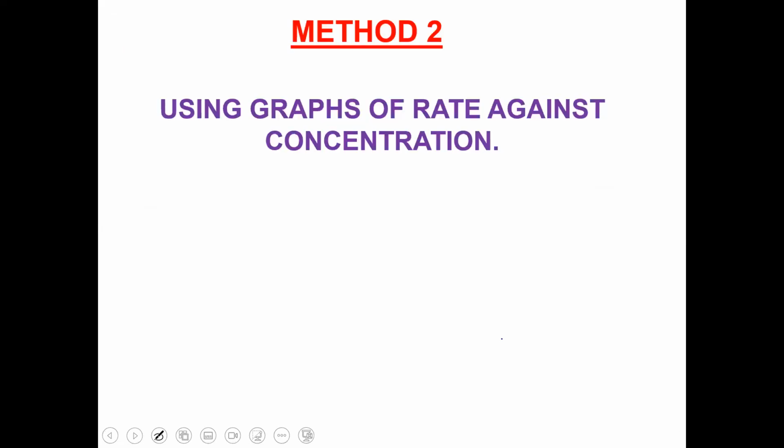Step 2, using graphs of rate against concentration. Now, how can we draw a graph of rate? Rate is the gradient of a concentration-time graph.